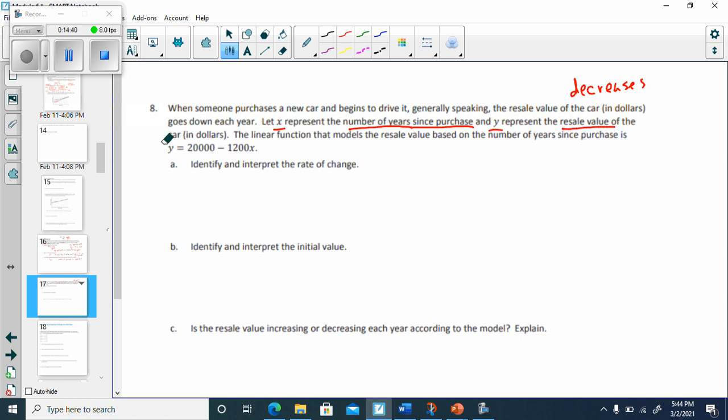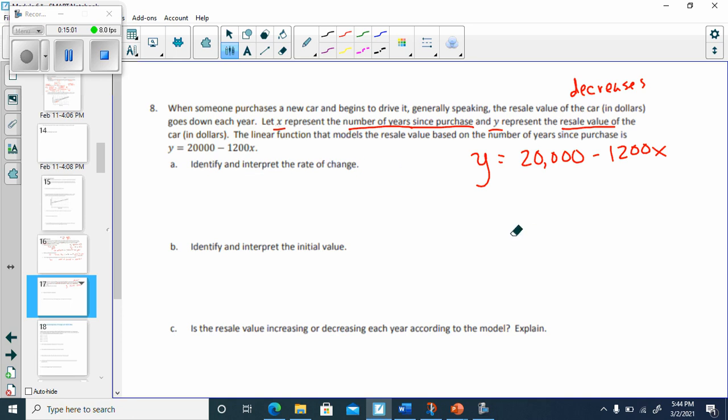Here's the linear equation that models the resale value based on the number of years. Let's write this over here so we can see it. y is equal to 20,000 minus 1,200x.